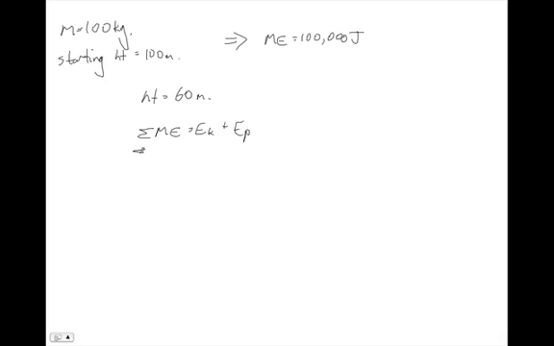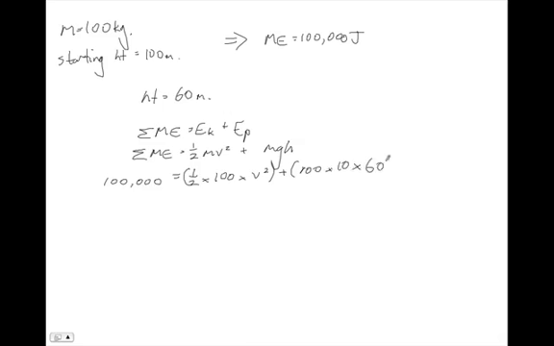Kinetic energy is half mv squared and potential is mgh. So I put my numbers in: 100,000, half times my mass, which is 100, times v squared, which is what I'm trying to find, plus mass, which is 100, times g, which is 10, times my height, which is 60.